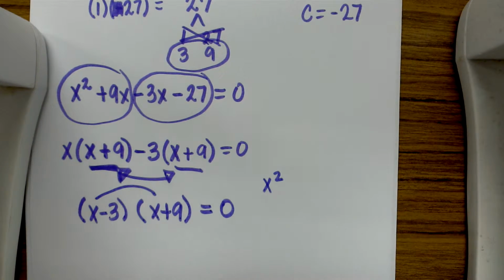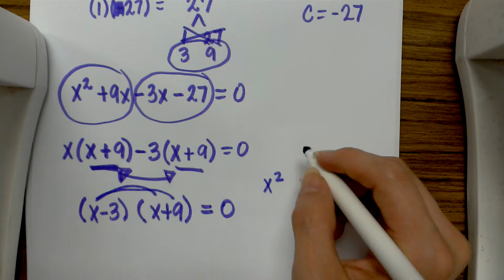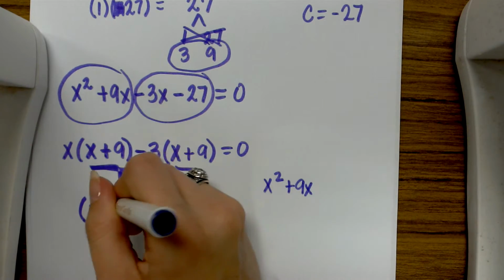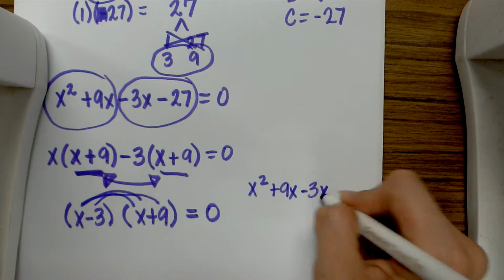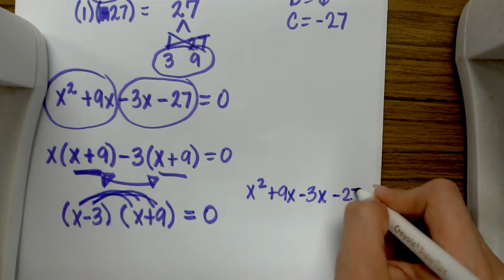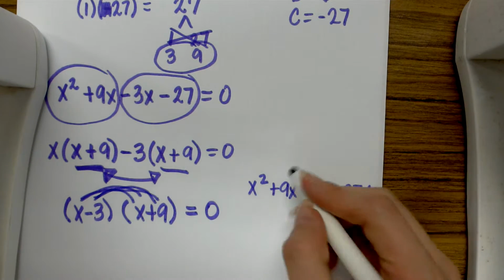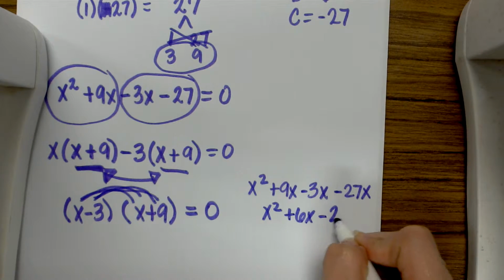X times x is x squared. Then outside, x times 9 gives me 9x. Then negative 3 times x gives me negative 3x. And negative 3 times 9 gives me a negative 27x. If I were to combine my like terms, I would get x squared plus 6x minus 27.